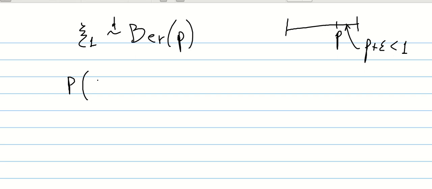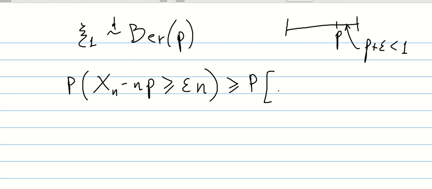So what's the probability that xn minus its expectation is larger or equal than epsilon n? Now we are looking for lower bounds to show what we cannot hope for. The probability that xn is larger or equal than p plus epsilon n, which is exactly something smaller than 1.